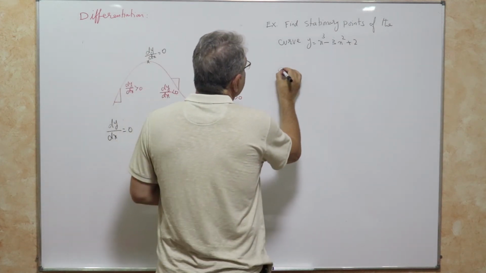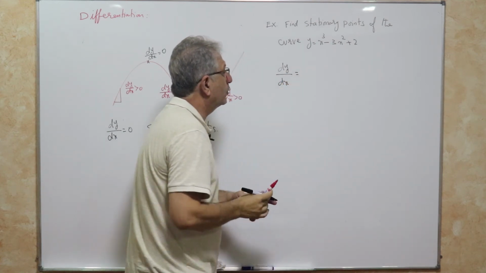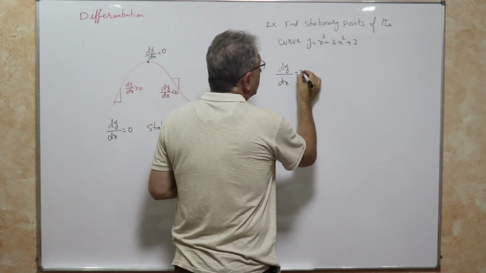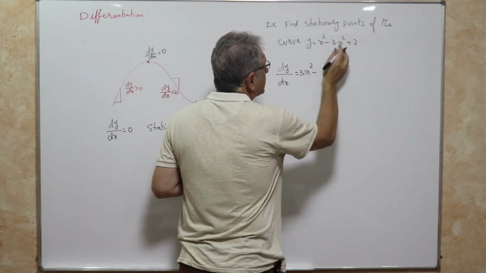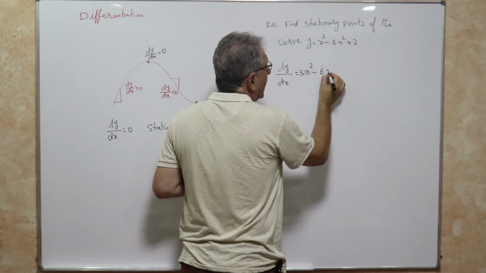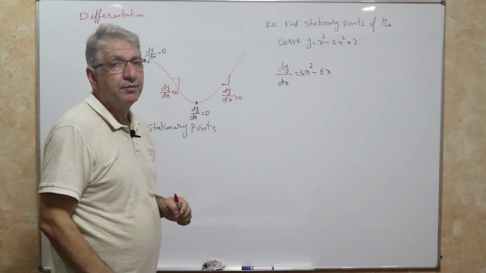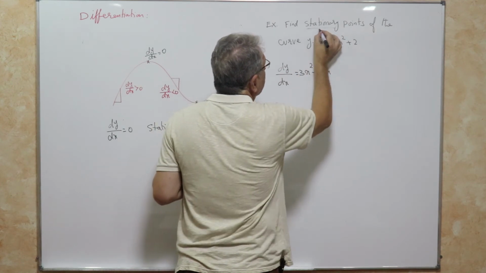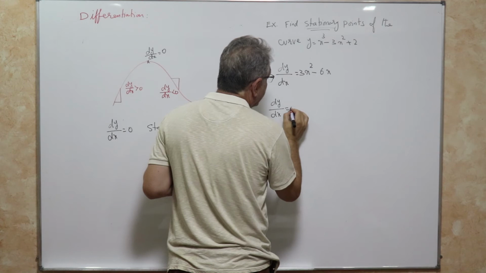So dy by dx, look at this. 3 comes down here, so it will be 3x squared, minus, this 2 comes here, it will be 6x to the power of 1, and this is a constant, therefore it will be 0. Now since you want to find a stationary point, dy by dx is equal to 0.